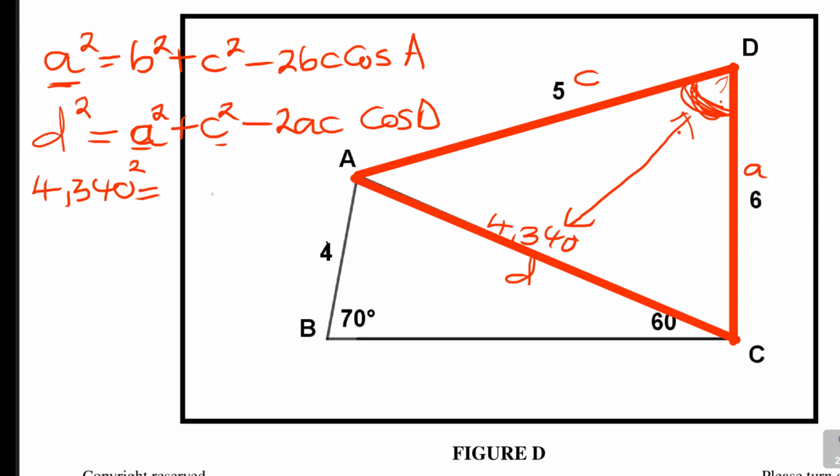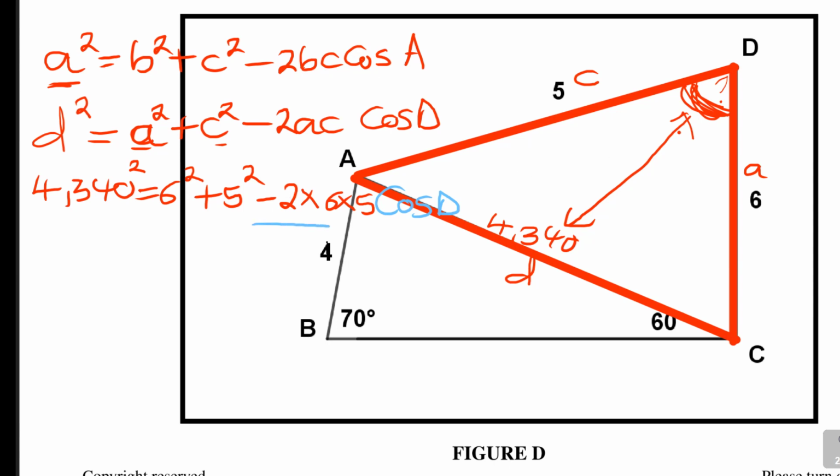A squared is what? 6 squared plus C squared is 5 squared minus 2AC, meaning 2 times, you multiply please, times 6 times 5, and then times cos D. Then from there, please don't use a calculator at this stage. I'll show you how you get your final answer once. Don't touch a calculator.